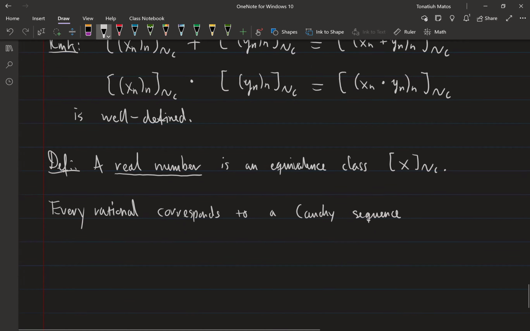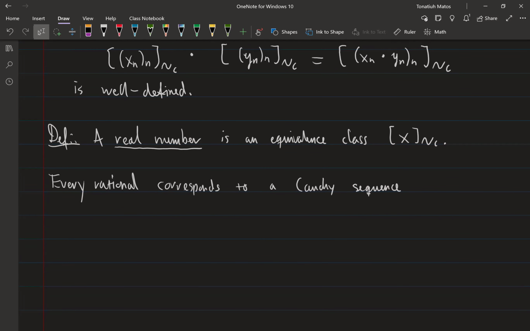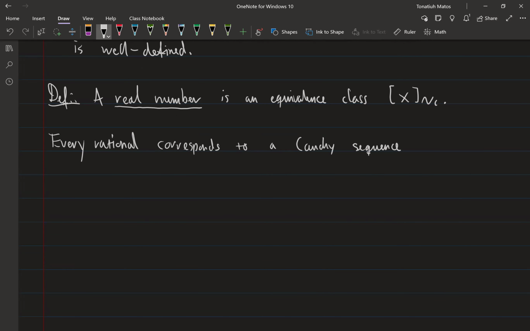Right? How do we show that the rationals are sort of contained in the real numbers? Right? So if q is a rational number, then how do I find a real number that will correspond to q? Because we want the real numbers to contain the rationals, right? So what do you think? What Cauchy sequence would you suggest?